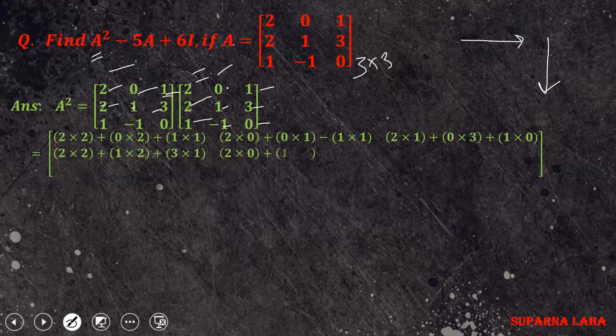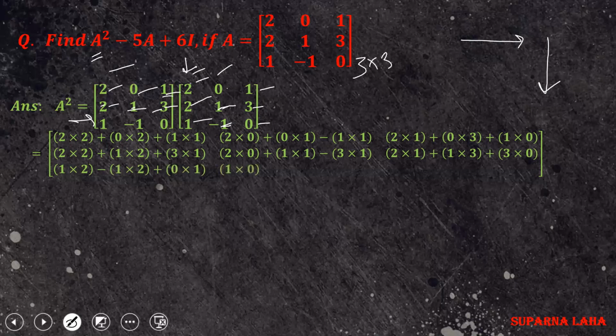Next 2 into 0, 1 into 1, 3 into minus 1. And next is 2 into 1, 1 into 3, 3 into 0. Okay, so for the third row, first column: 1 into 2, minus 1 into 2, 0 into 1. Next one, 1 into 0, minus 1 into 1 and 0 into minus 1.